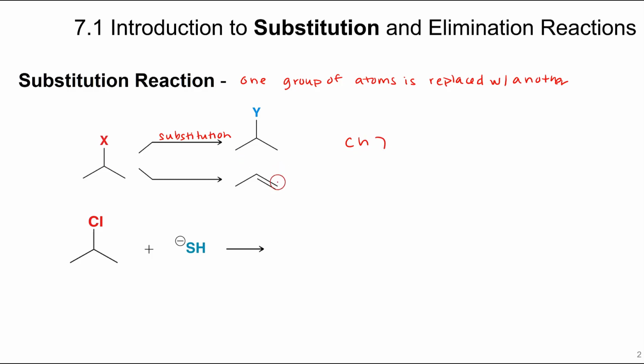And if X goes away altogether and is replaced with a double bond, this is an elimination reaction, which we'll see in Chapter 8. So we have a reaction here. This is 2-chloropropane. We add a nucleophile, which is thiol. So this is a nucleophile. This is our electrophile.